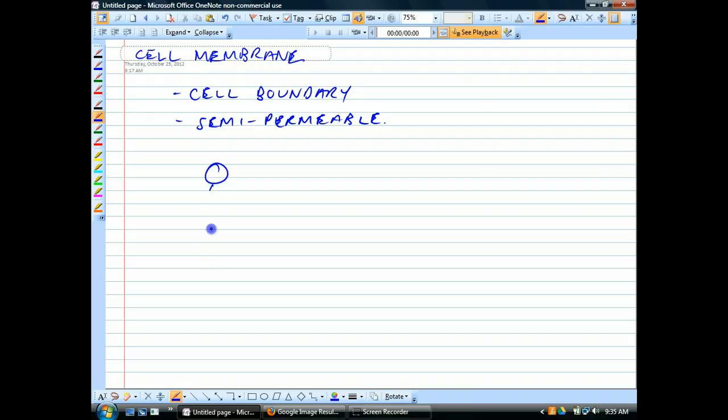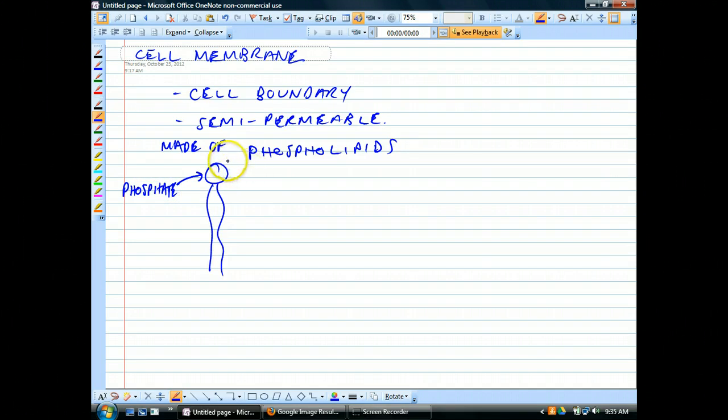What is it made of? It's made of these things called phospholipids. This is a phosphate molecule on the top, and it has a bit of a negative charge. All right, it's polar, I should say.